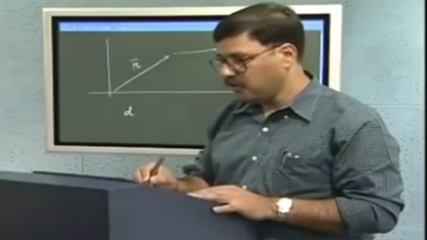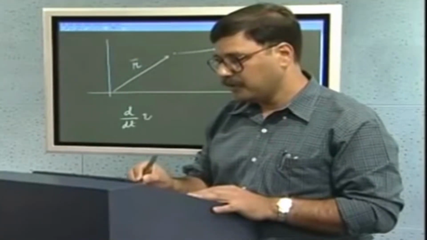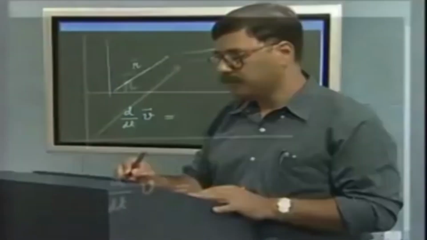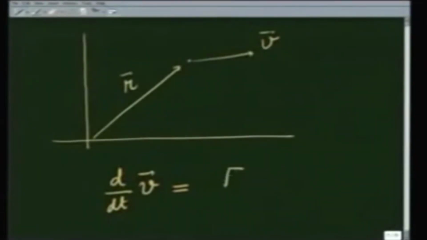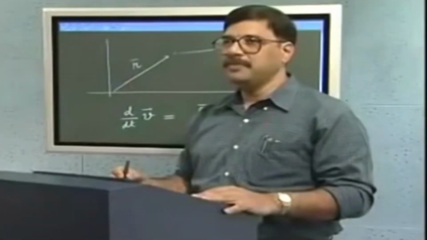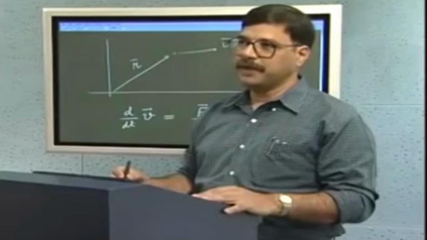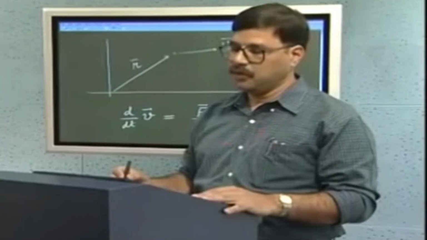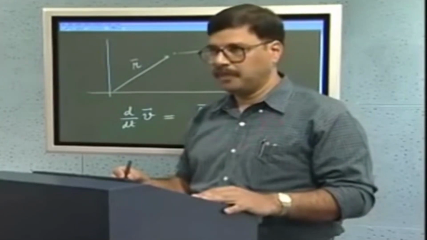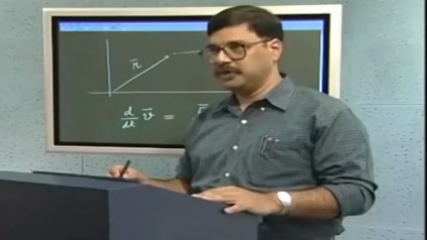With time, the velocity changes, and the velocity change d v over dt is related to the force applied, F, divided by the mass of the particle by Newton's second law. So, to describe the vectors, I need to fix a coordinate system with respect to which I describe the motion.